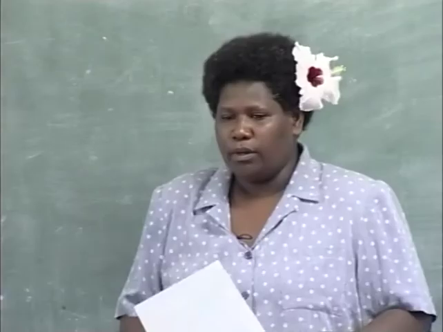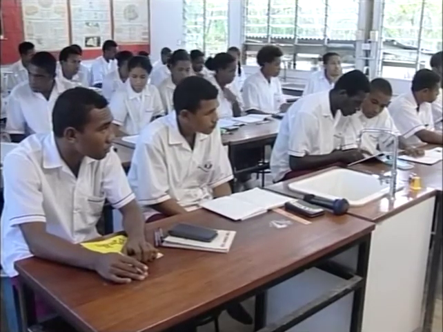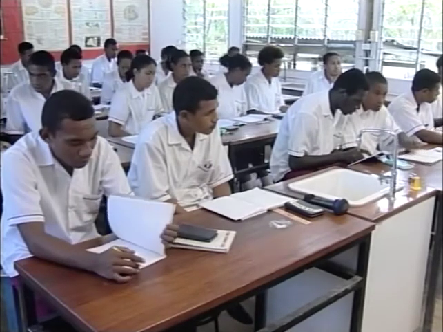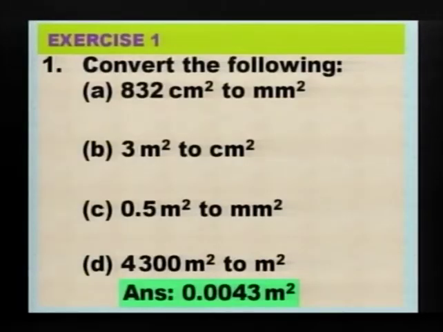Okay? But before we do that, we have to go through the exercise that you were given on conversions of units. Have a look at the exercise. Question 1, we looked at letter D. The answer we got was 0.0043 square meters. We're going to go through the class and see what answers you have for the rest of the questions.